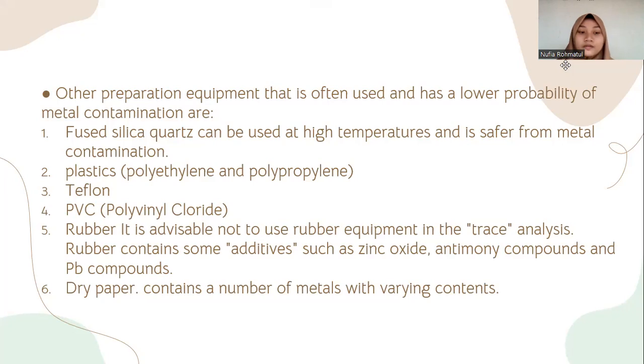Number four, PVC, polyvinyl chloride. Number five, rubber. It is advisable not to use rubber equipment in trace analysis. Rubber contains some additives such as zinc oxide, antimony compound, and BB compound. And then number six, dry paper, contains a number of metals with varying content.